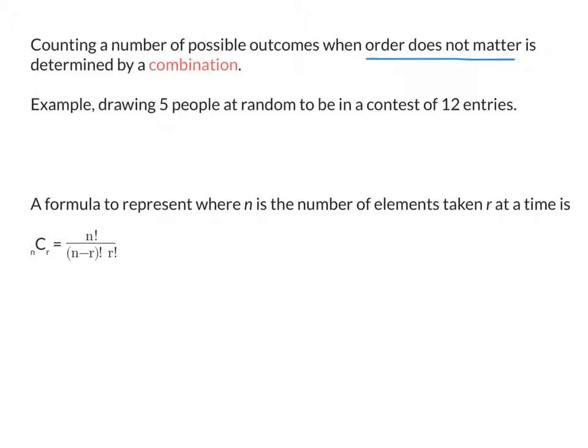So we use this formula down here, n choose r. N is the number of elements taken r at a time. So when we do this with our example here, we have 12 choose 5. And so we'll do 12 factorial over 12 minus 5 factorial times 5 factorial.